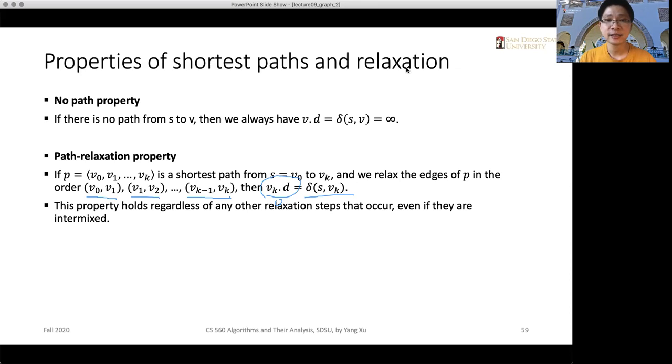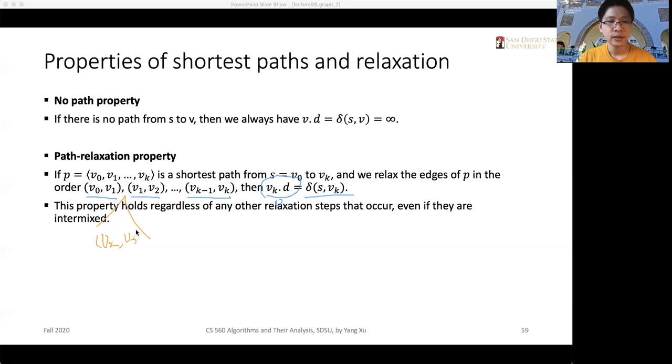That means we can, for example, relax V0 to V1 first, and then before we relax V1 to V2, we can probably relax V2 to V3.